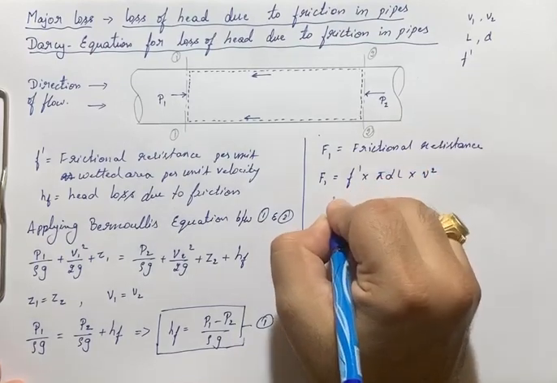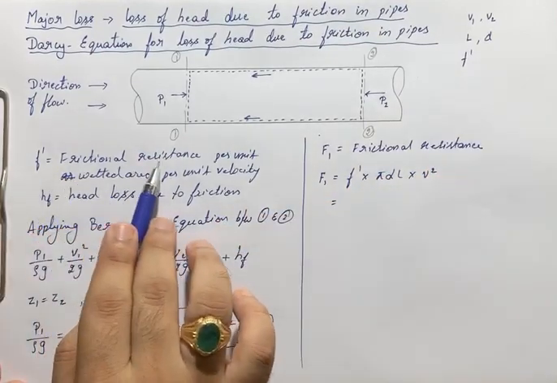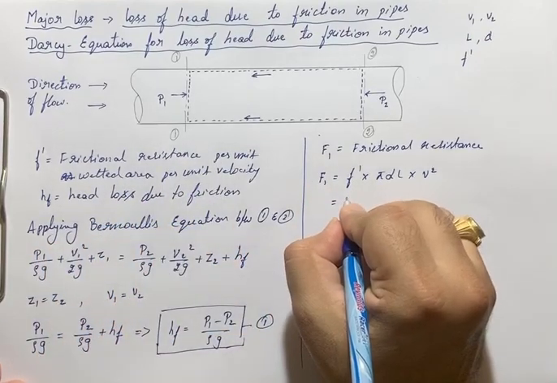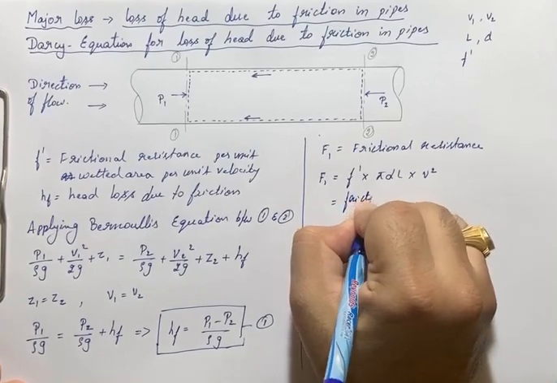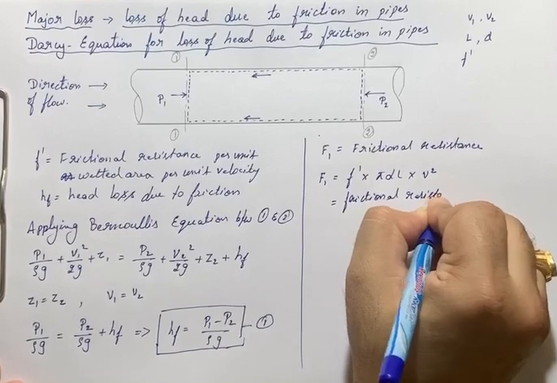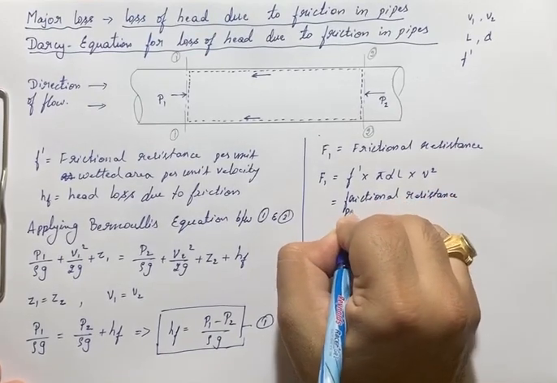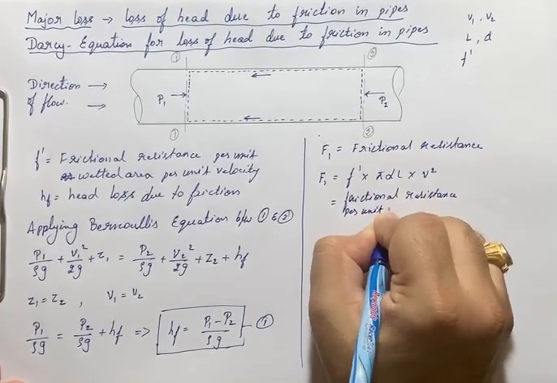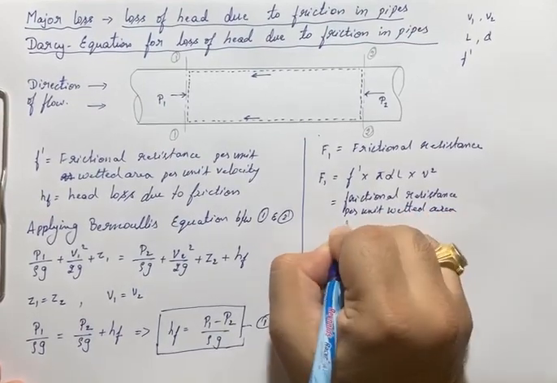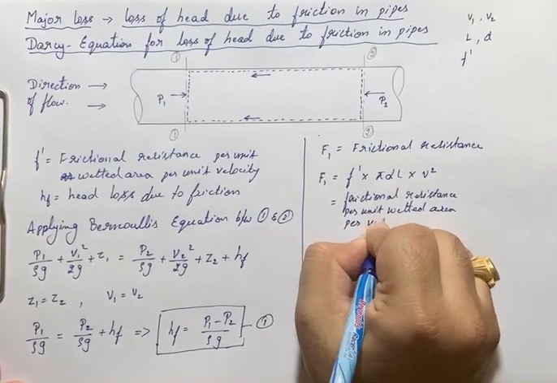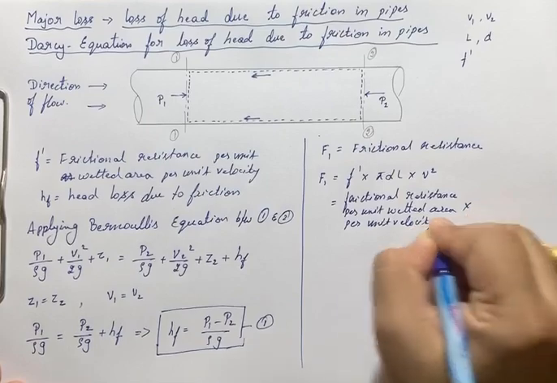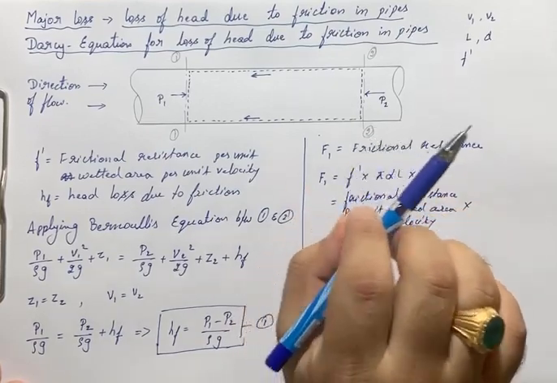F dash here is nothing but the frictional resistance per unit wetted area per unit velocity. Into pi d l, here is the wetted area.